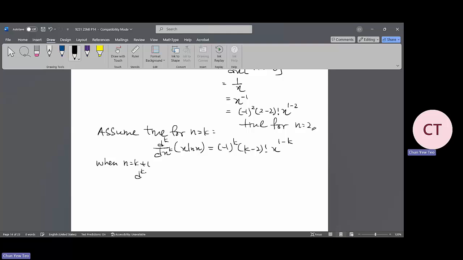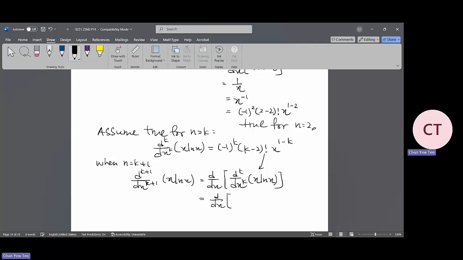your d^(k+1)/dx^(k+1) of x ln x is actually d/dx of this. And we just use the result here.